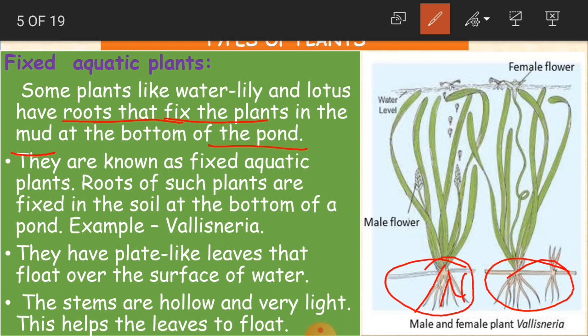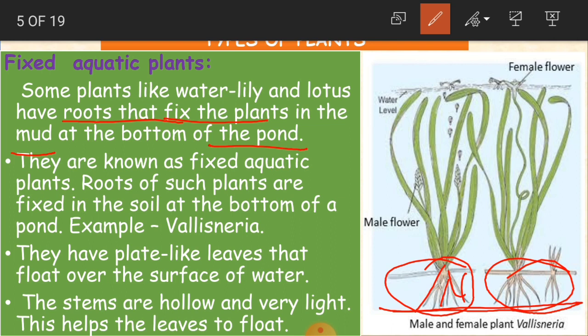Where is the mud here? At the bottom of the pond. And what is a pond, children? A water filled area. A water filled area is called a pond, a water body. Because they fix the plant in the mud, that is why we call them fixed aquatic plants.